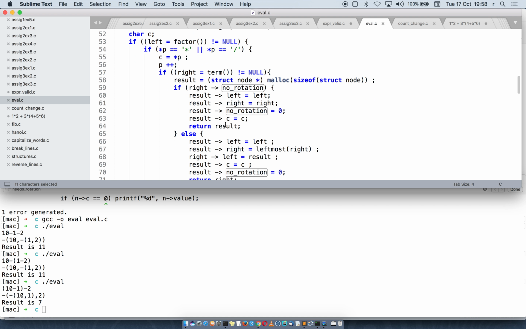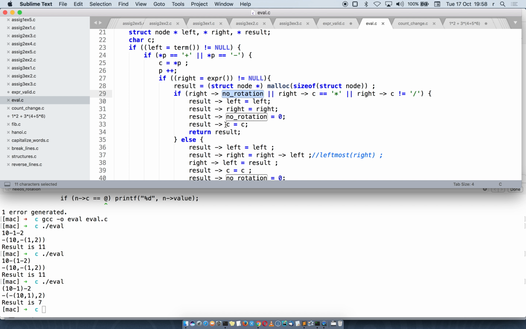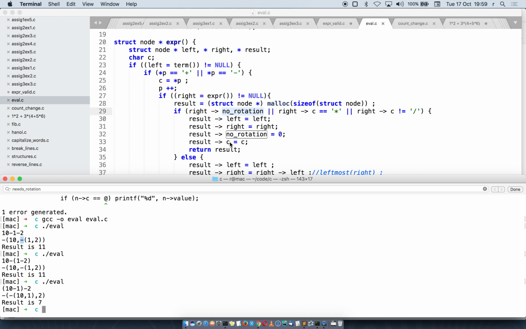Everything else is rotation. So then the minus on the right, this one, so we're with this expression, right? This minus should say no rotation.